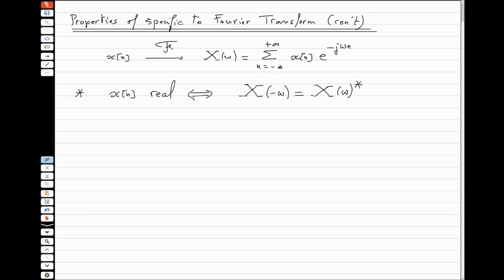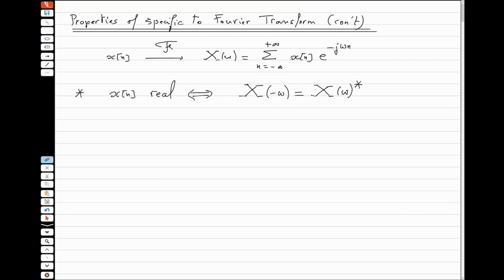Okay, somebody chose symmetry. What type of symmetry? Even. Yes, even. All right. So if there was no conjugate, this would be called an even function.